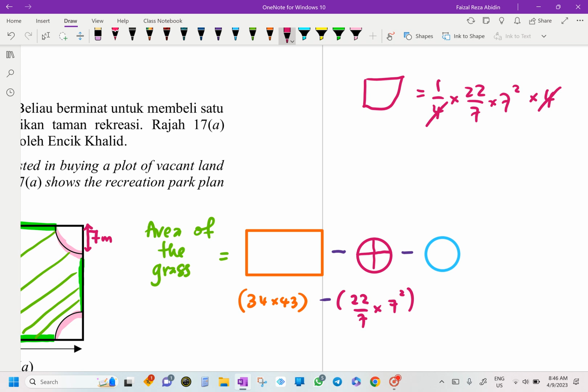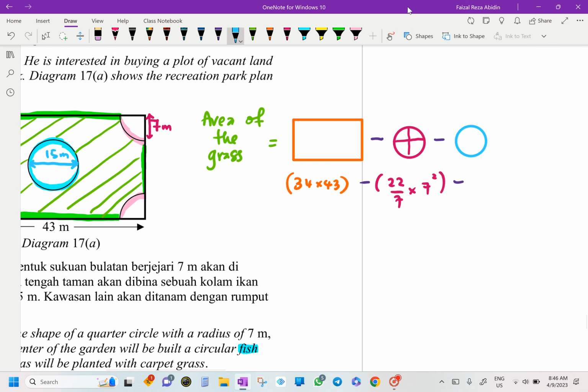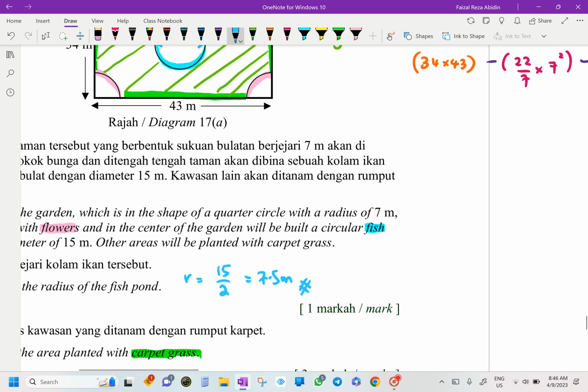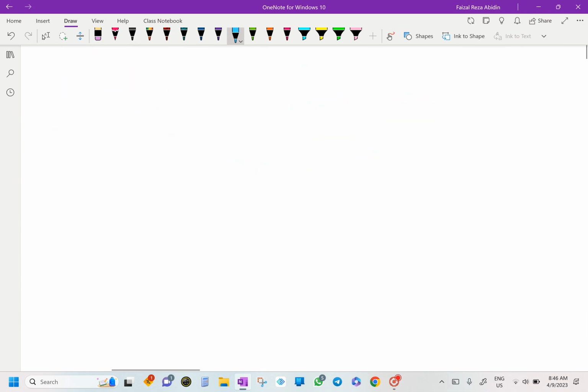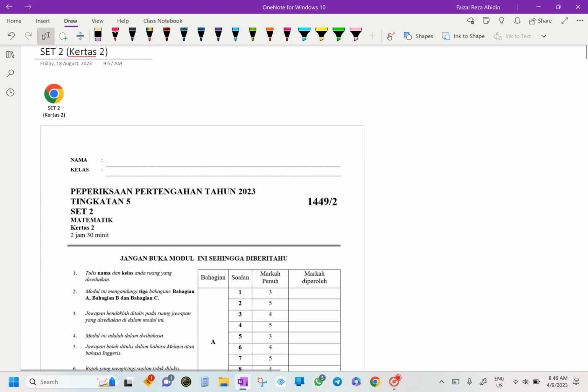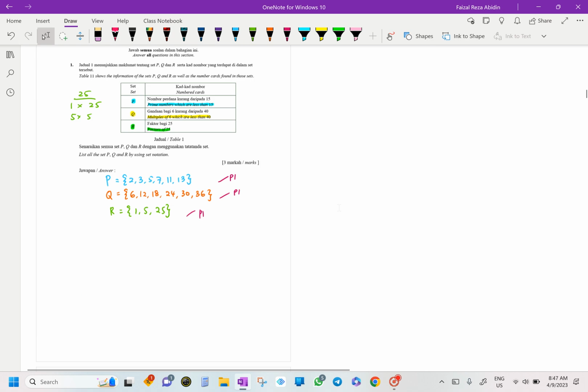Fish pond, minus with? Yes, just now we found the radius.